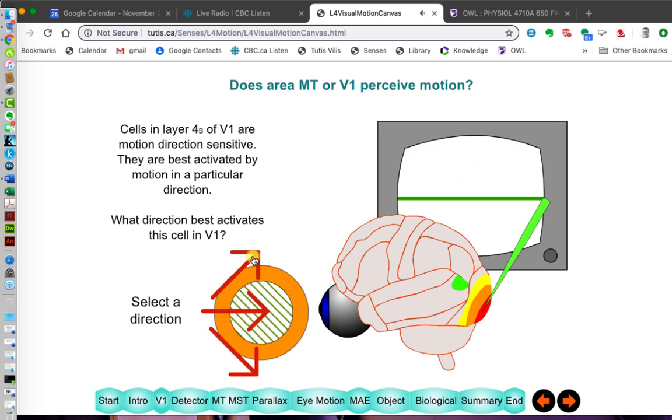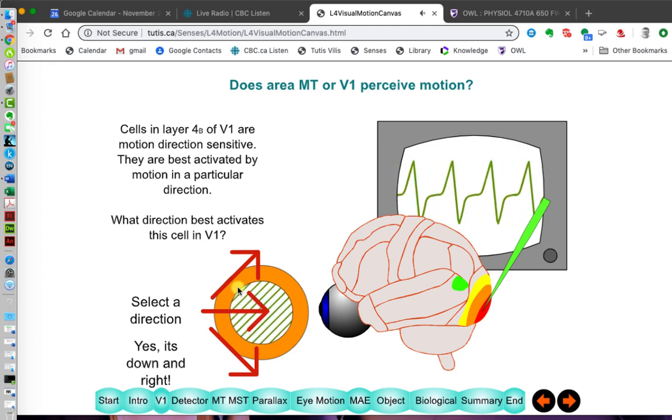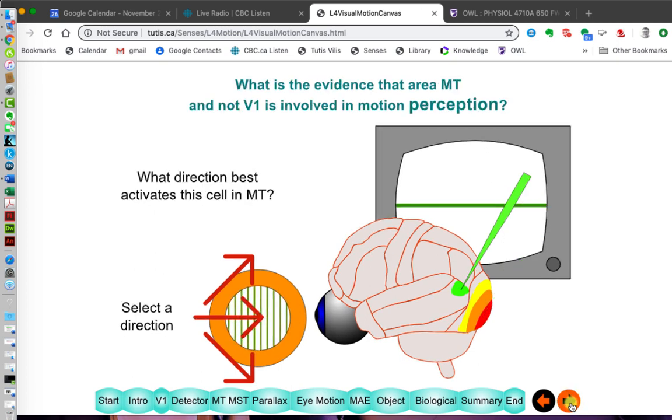And now it's moving up to the right. So you see that this cell prefers this direction of motion. Different cells, different directions. Now we'll move the electrode over to MT and see what directions it senses.